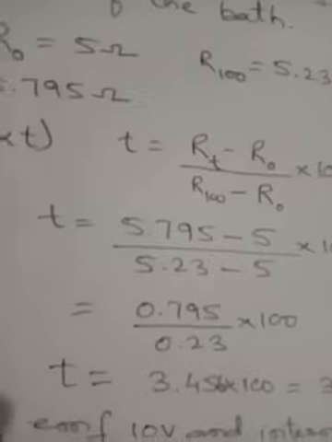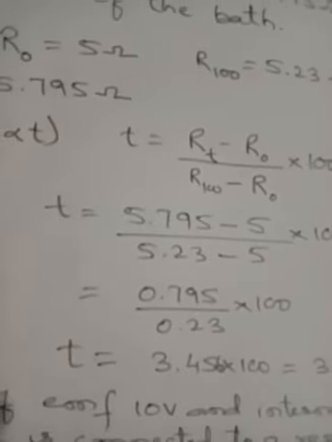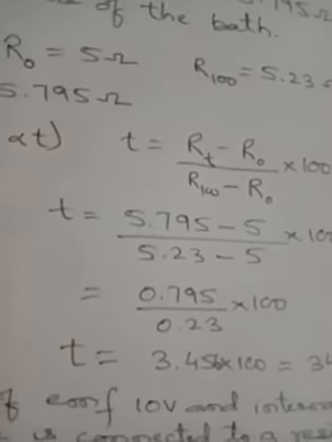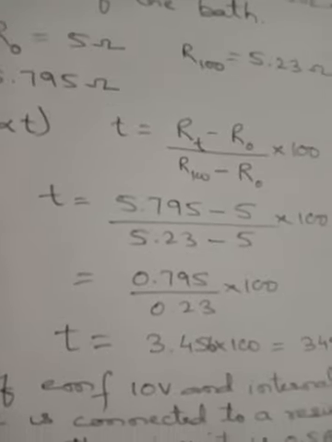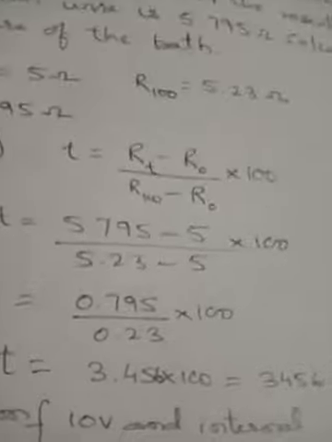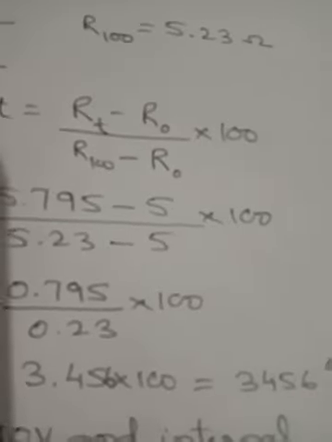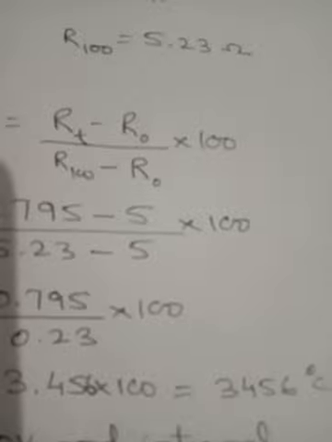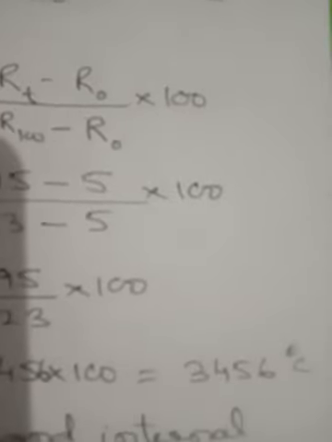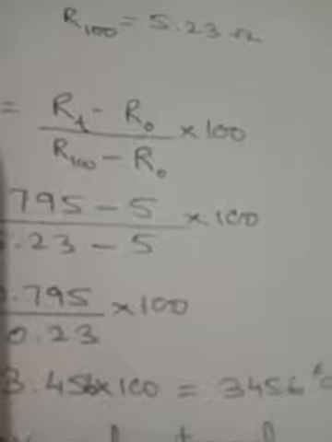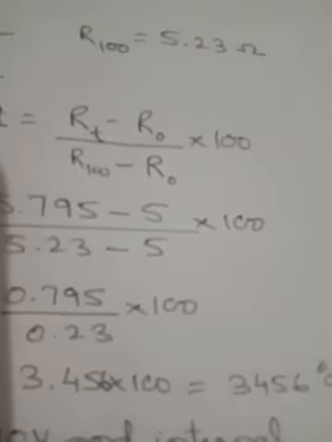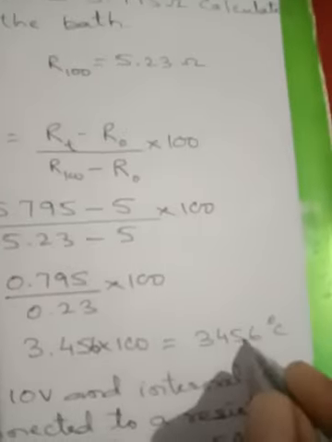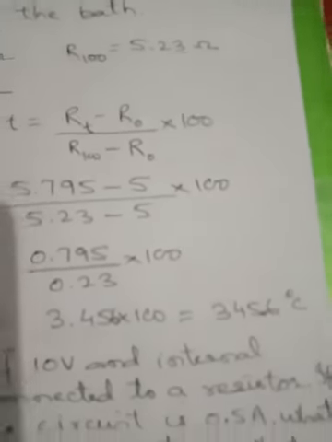So simplifying this, T is equal to 3.456 into 100. If you multiply this by 100, it will become 345.6 degrees Celsius.